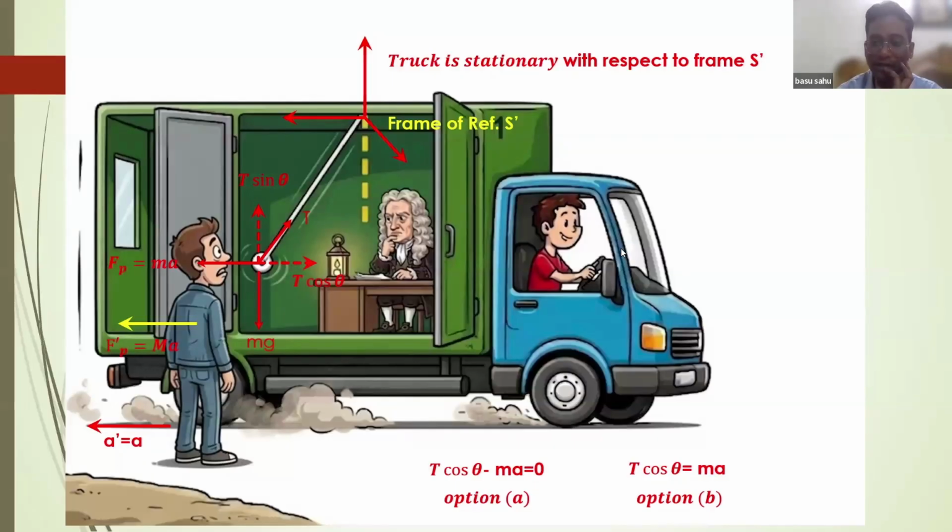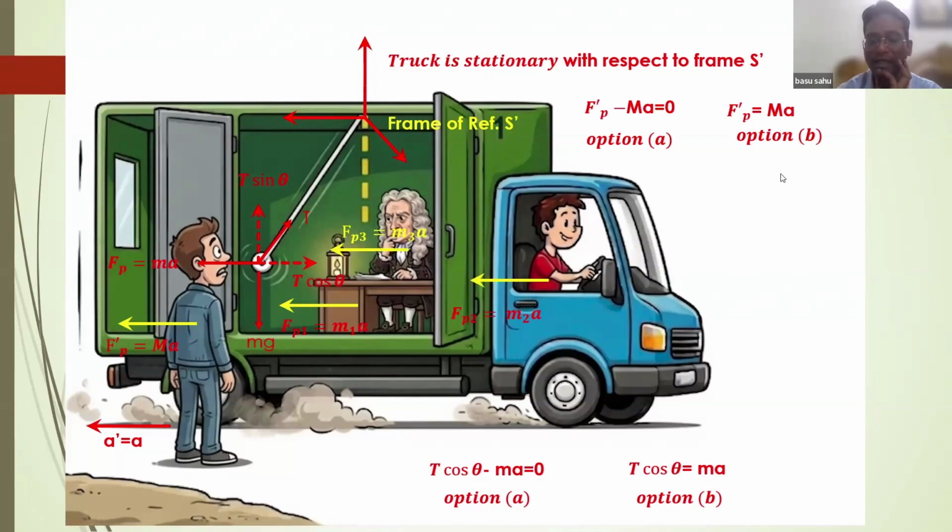Now, next question. Sorry, I will not tell you the answer. Now choose whether option A or option B is correct as per your present understanding. Which option is correct? Option A or option B? Could you please repeat the question?